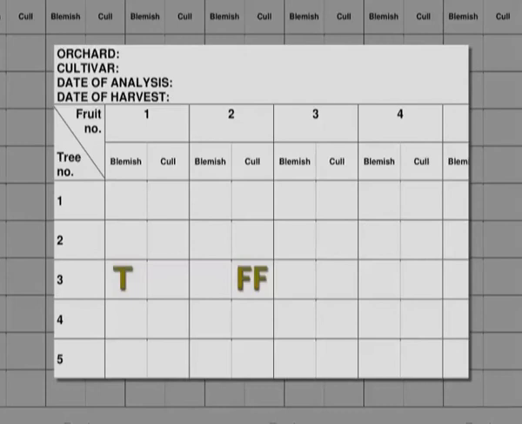For example, if the third fruit from data tree 3 has wind scarring, bollworm damage, and navel end splitting, W and BW is entered into the blemish block for the fruit, and NES in the cull block. If there is no damage to a fruit, a dash or line through the block is used as an indication.